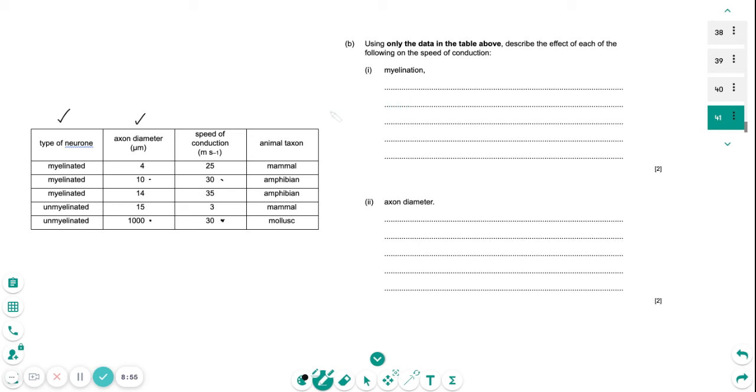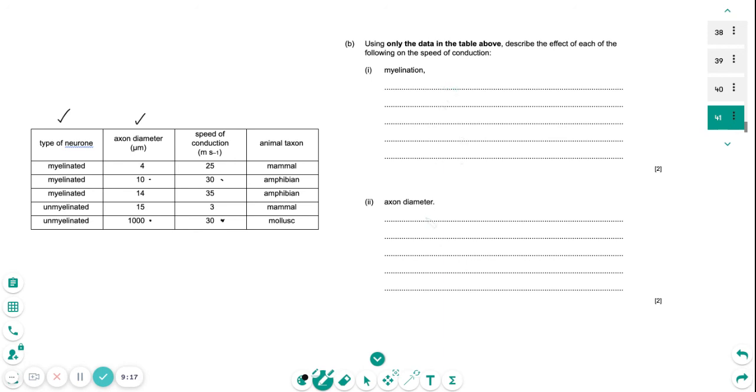We could say that an unmyelinated neuron, in order for it to have a higher speed of conduction, is going to need a very high axon diameter. So there's your obvious one, that the myelinated is faster.